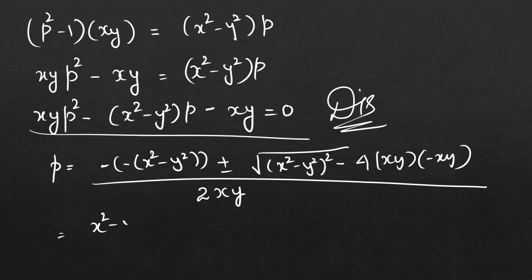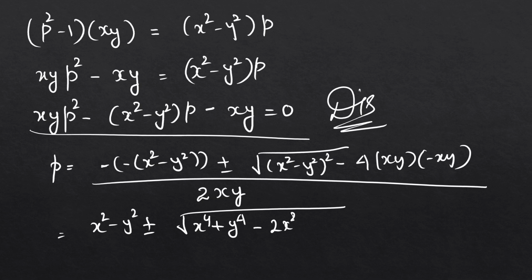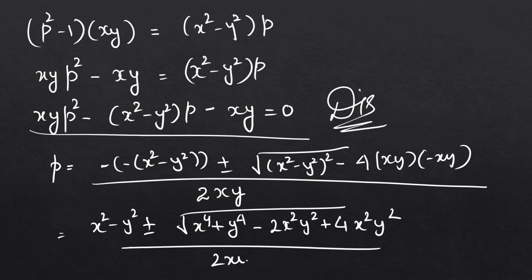After it is x square minus y square plus minus, it can be taken 4a square, a minus b whole square, a square plus b square minus 2ab, then plus 4x square y square divided by 2xy. If we solve further, it is x square minus y square plus minus.